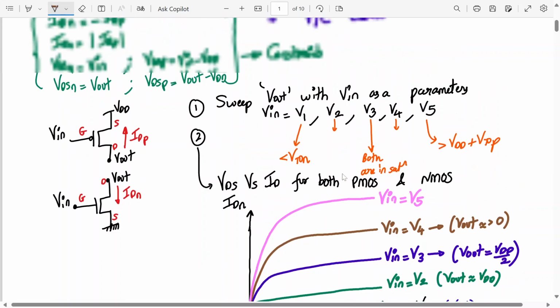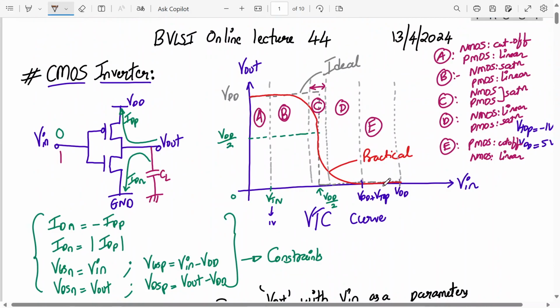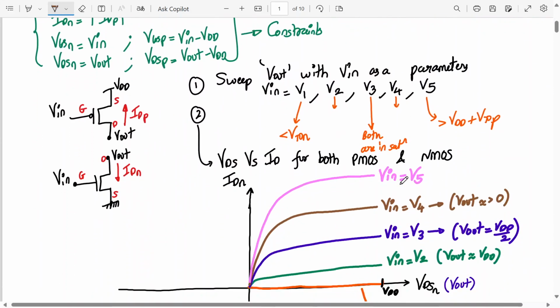And at V5, the point over here, V out is equal to 0. I hope you are following this. Here we have V out exactly equal to 0. So for V in almost equal to VDD, your V out is equal to 0.